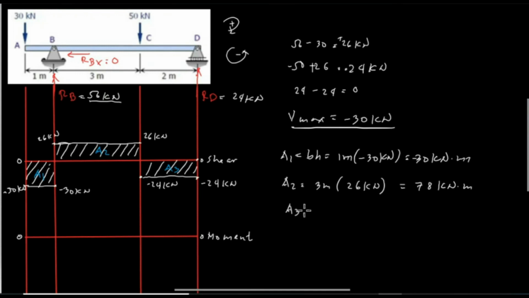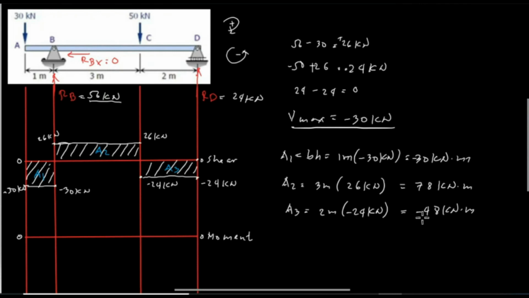And last, area 3, which is a rectangular shape from C to D, and the base is the distance from C to D, which is 2 meters, and the height is the shear force from C to D, which is negative 24 kilonewton. 2 times 24 is equivalent to 48 kilonewton meter, and the sign is negative.